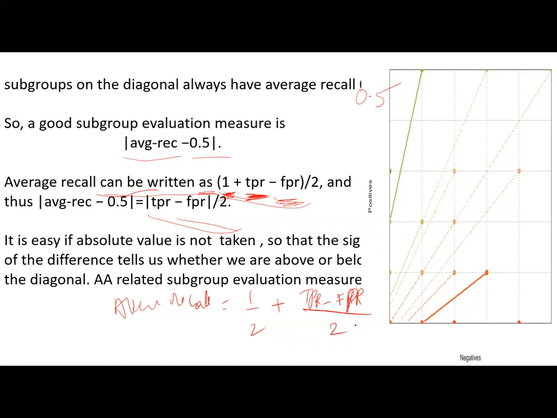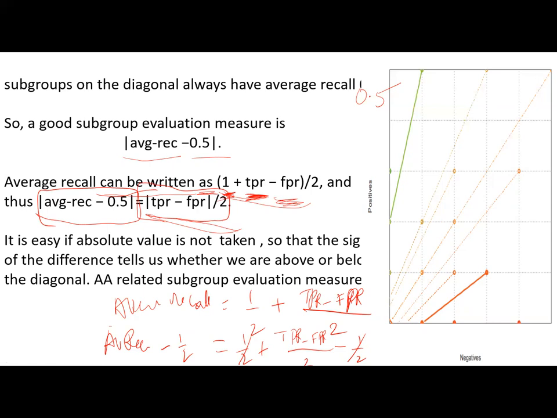Am I right? So average recall minus 1 by 2 gives 1 by 2 plus TPR minus FPR by 2 minus 1 by 2, and this and this get cancelled. We are left with average recall minus 0.5 equal to the modulus of TPR minus FPR by 2.